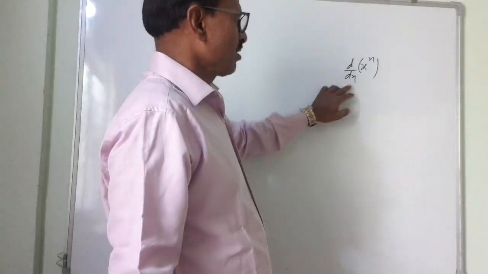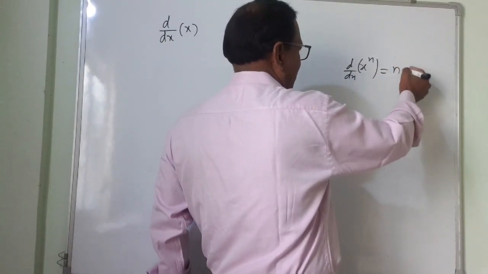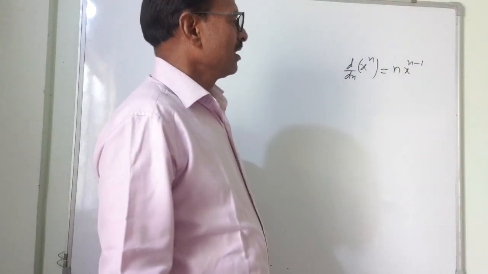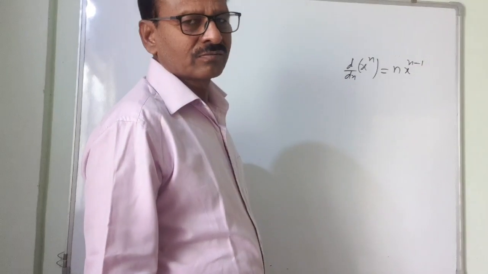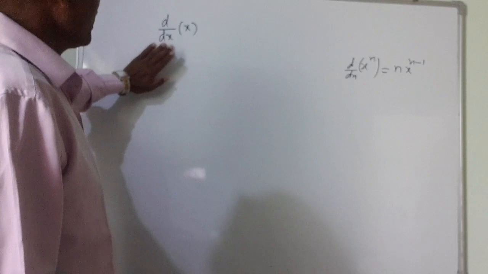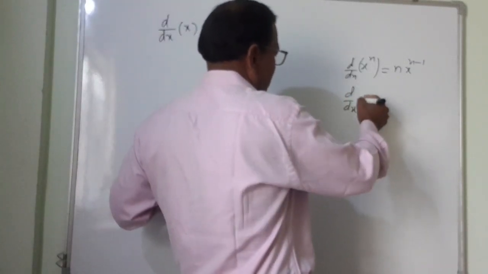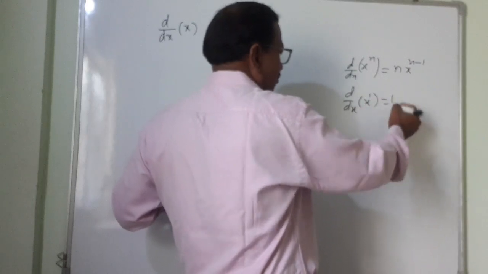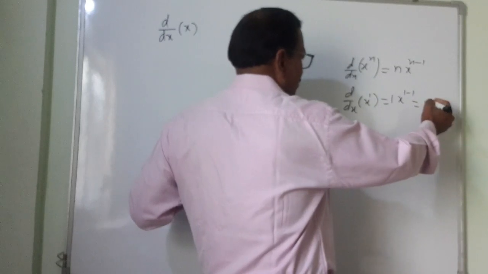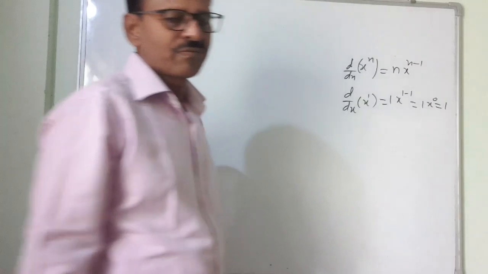We write d by dx of x raised to n is equal to n x raised to n minus 1. That was the formula. So d by dx of x raised to 1 is equal to 1 into x raised to 1 minus 1, that is 1 into x raised to 0. Anything raised to 0 is 1, so that is 1.